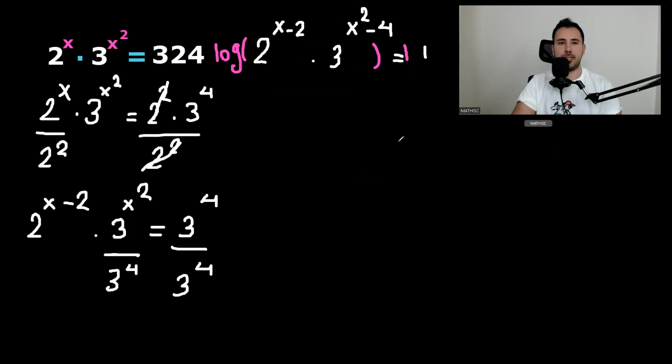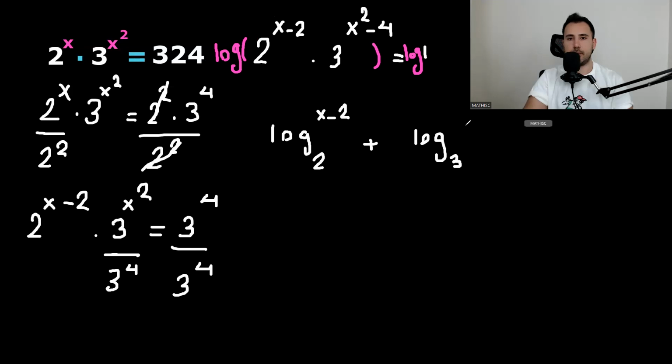I'm going to separate both sides, so let's keep the logs. So we will have log of 2 to the x minus 2, plus log of 3 to the x squared minus 4, equals 0.